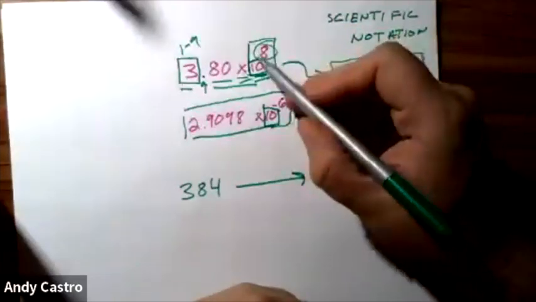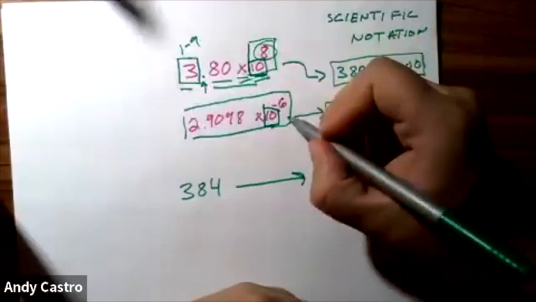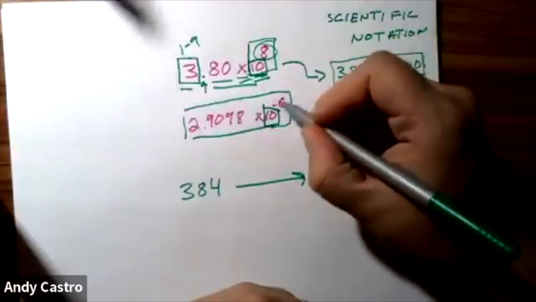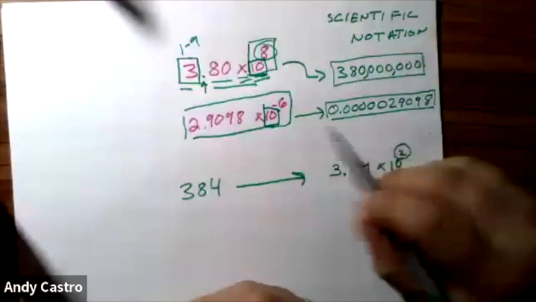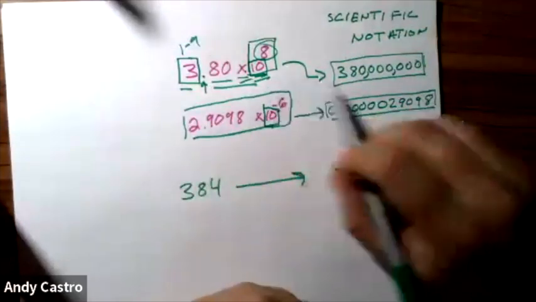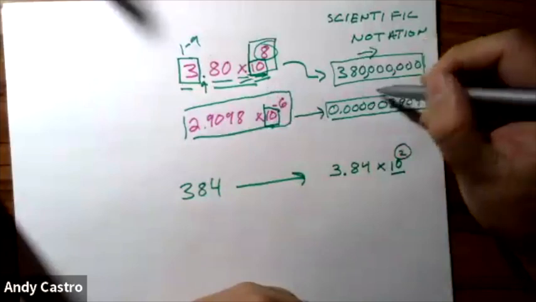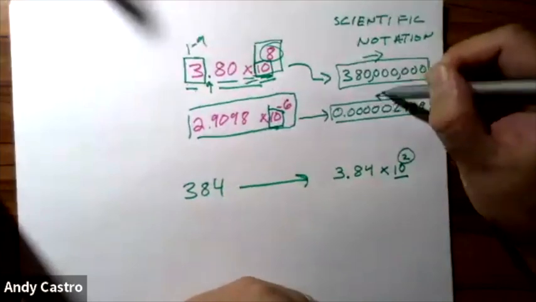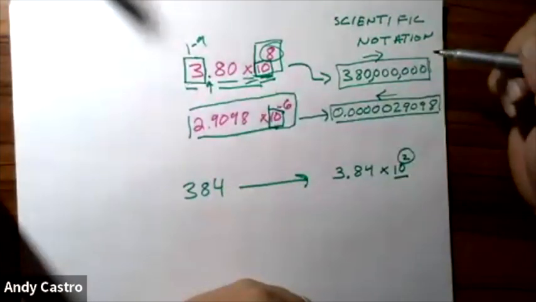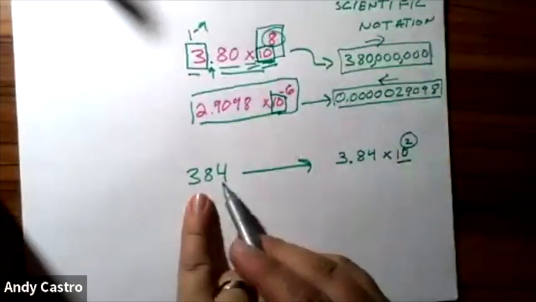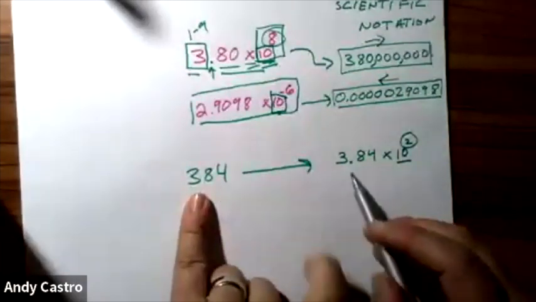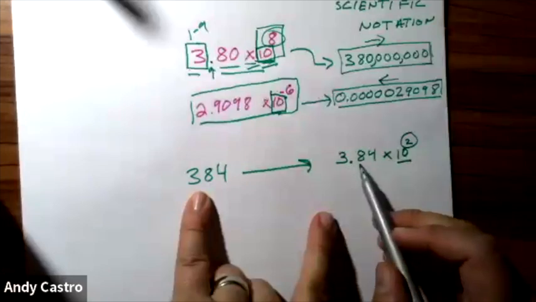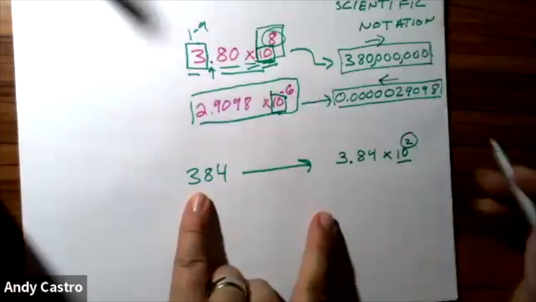In the earlier case, 8 zeros; in this case, negative 6. In other words, I'm going to go the opposite way. Rather than adding zeros to the right, I'm going to add zeros to the left if it's negative. All right, so the number 384 becomes 3.84 times 10 to the 2.